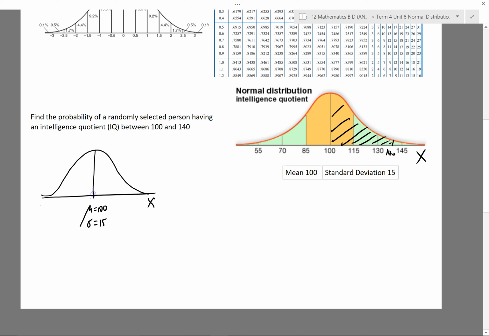I want between 100 and 140. I'm trying to find the probability that x is between 100 and 140. This is a normal distribution, so what I want to do is convert this to a standard normal distribution.